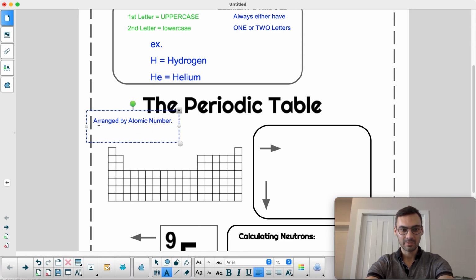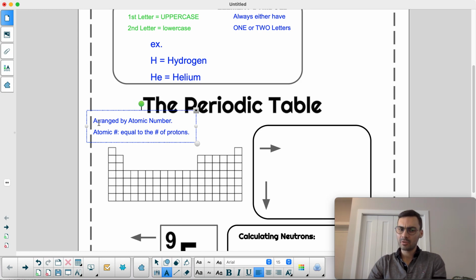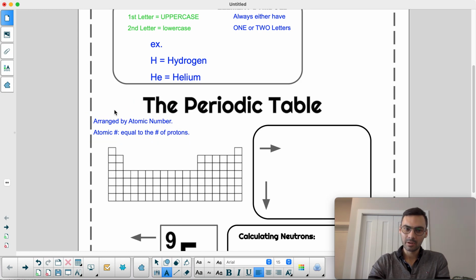Now let's make sure that we understand what atomic number is. The definition for that is equal to the number of protons. Don't worry about that too much just yet. We're going to go over that in a little while.